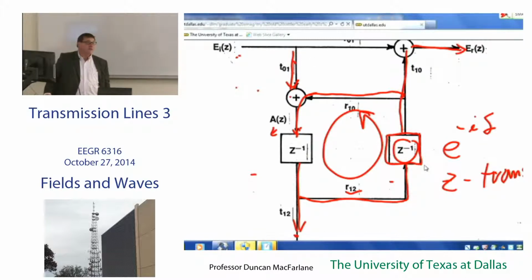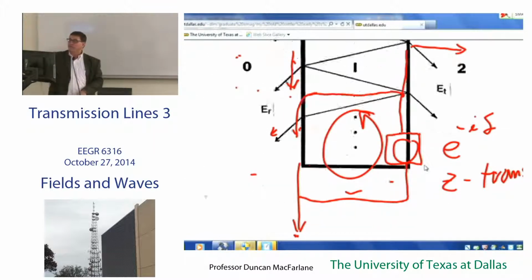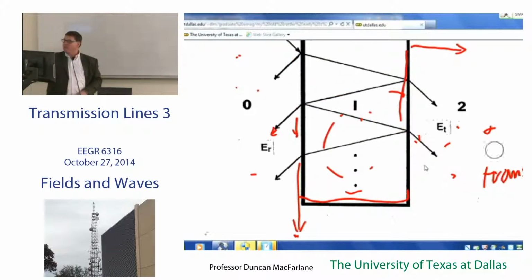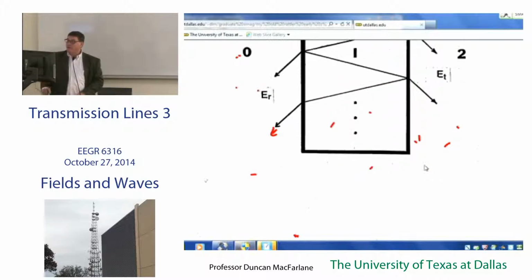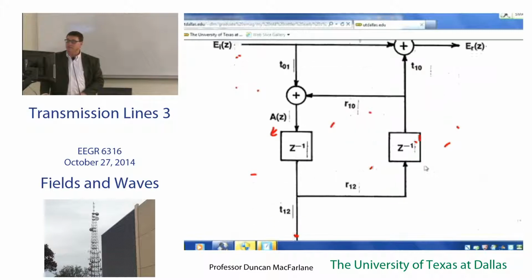In the same way that you would take an LRC circuit and use your 1 over j omega c or your j omega l's and convert those differential equations on the diagram to an algebraic diagram in frequency space, I've taken these delays and the infinite sum, and converted it to just algebra in the z domain.